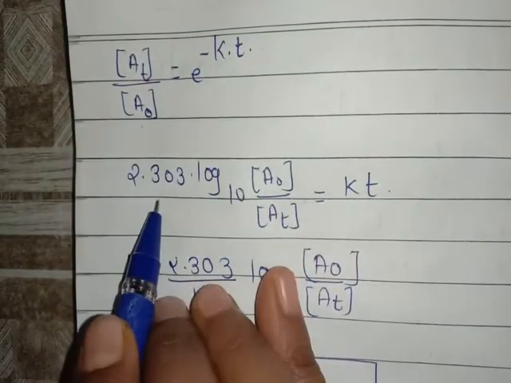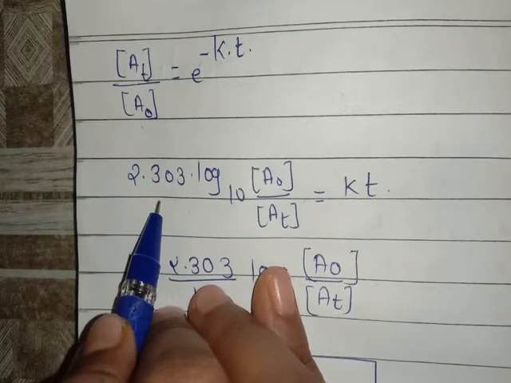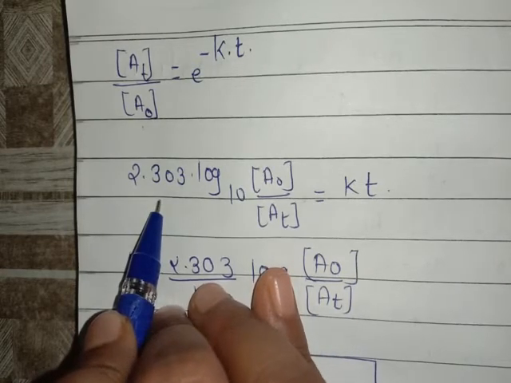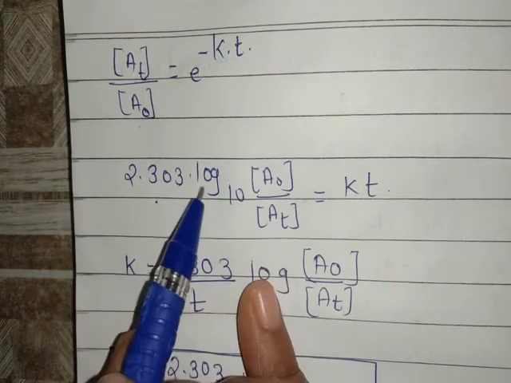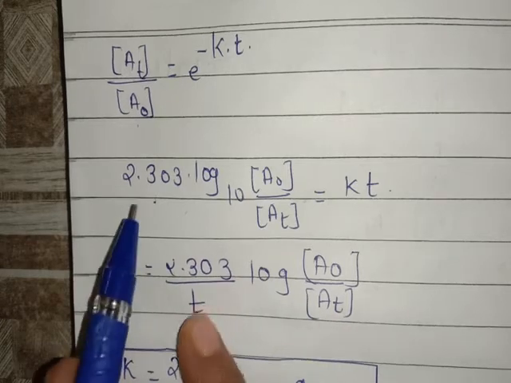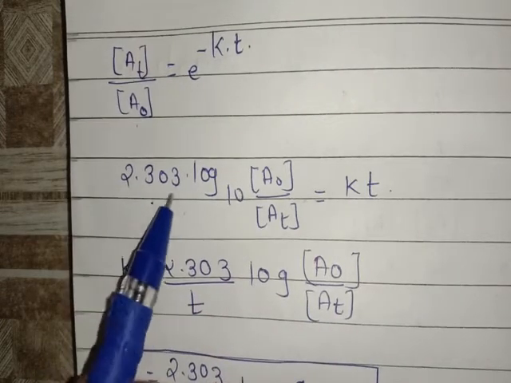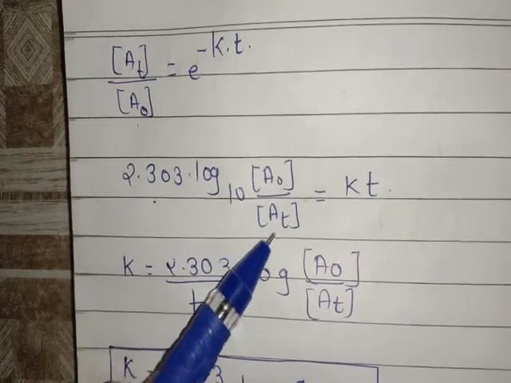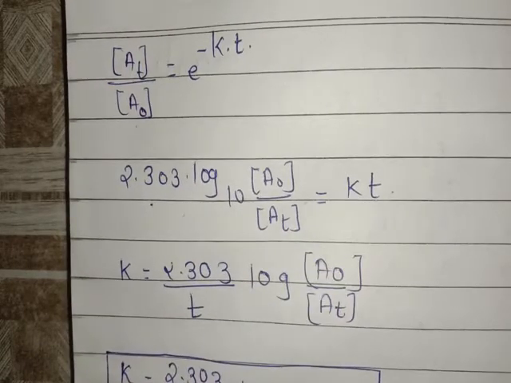Another form of this equation is by removing the natural log and using log to the base 10, that is, we have to multiply this with 2.303 into log of a0 upon At is equal to kt.